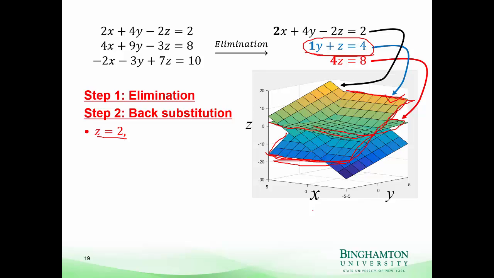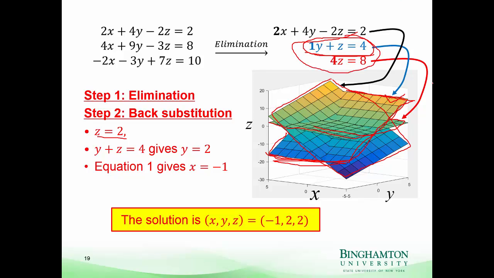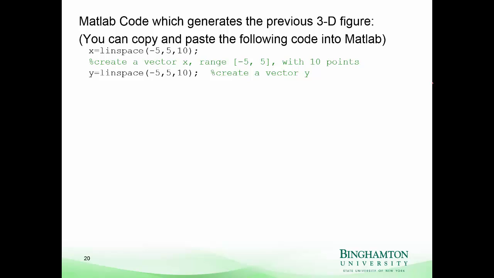It'll only change with y. And so that's the solution of those 2 equations. And when we look at that, it'll give us a solution of y is equal to 2. And then finally, this last plane, which is this one, we look to see where does it intersect the line set by those 2 equations, and that's the final solution. So that gives us minus 1, 2, 2 as our solution to this system.